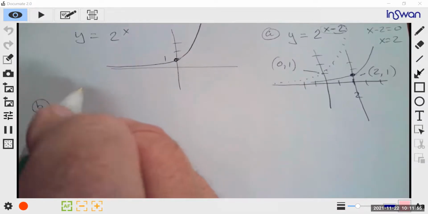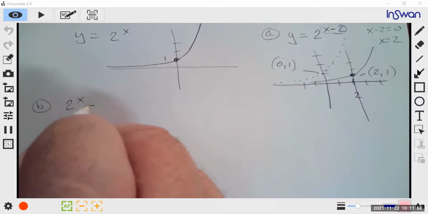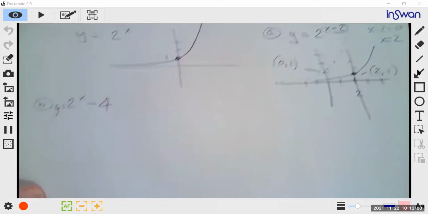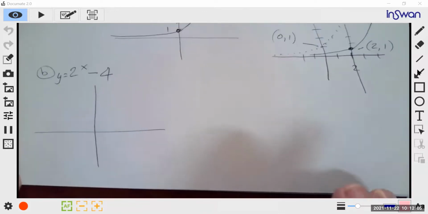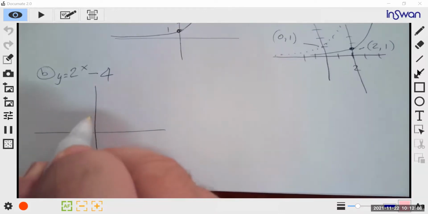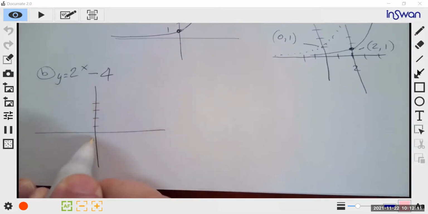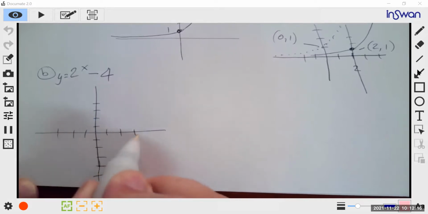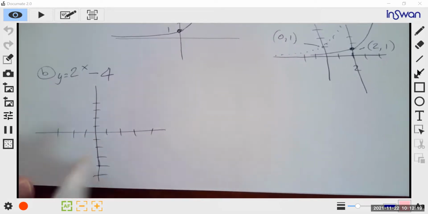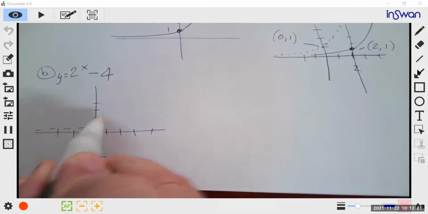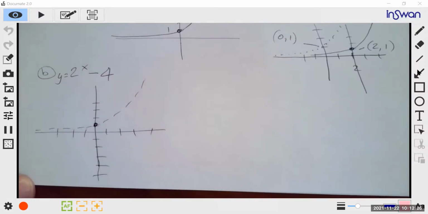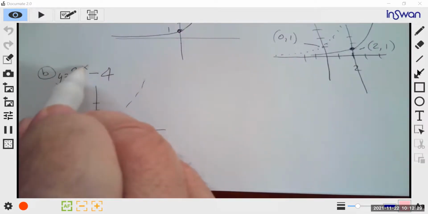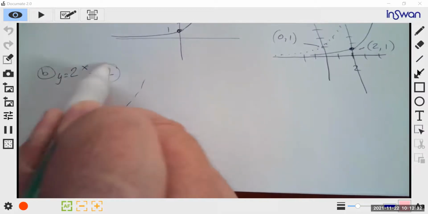Okay, what if I gave you 2 to the x minus 4? Let's look at that equation. So remember, the original equation is 2 to the x. So it looks like that. There is no horizontal shift, no x plus or minus. There is only a vertical shift.